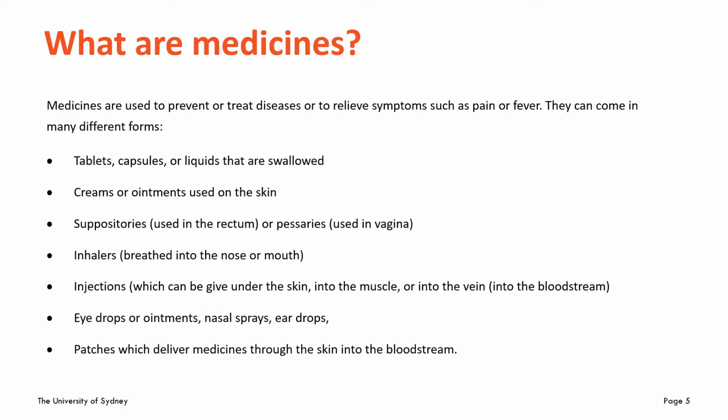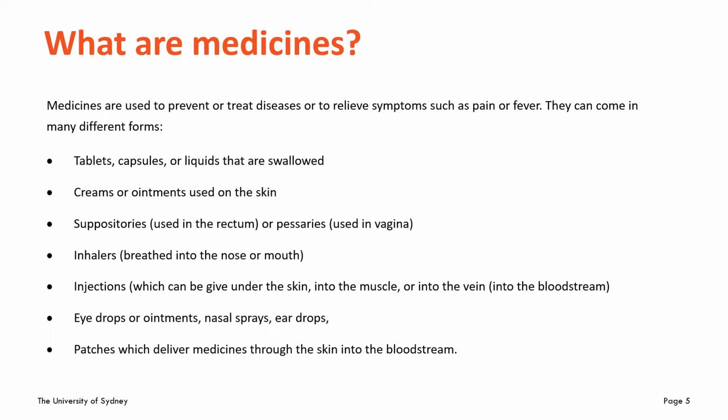So let's look at what are medicines. Medicines are used to prevent or treat diseases, as well as to relieve symptoms such as pain or fever. They can come in a variety of different forms, such as tablets or capsules or liquids that are swallowed, as creams or ointments that are applied to the skin, as suppositories or pessaries which are inserted, with suppositories in the rectum and pessaries in the vagina.